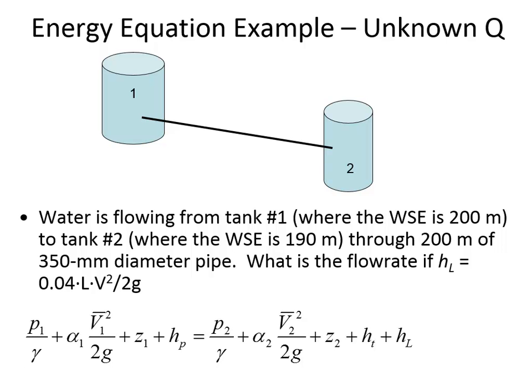So let's just plug some of the known values in here and find out if we can predict what the flow rate is going to be between these two tanks.